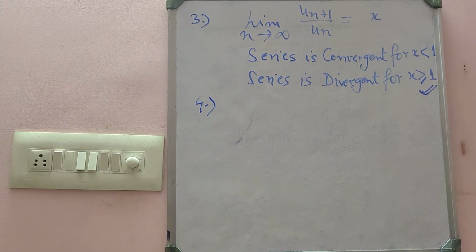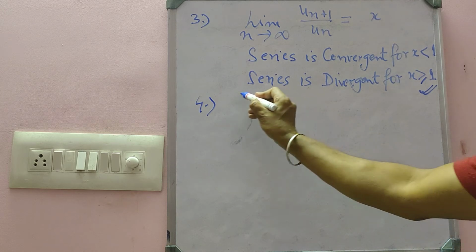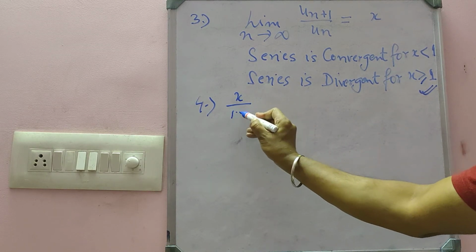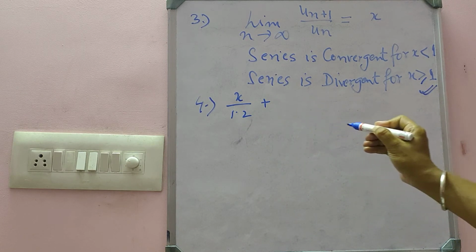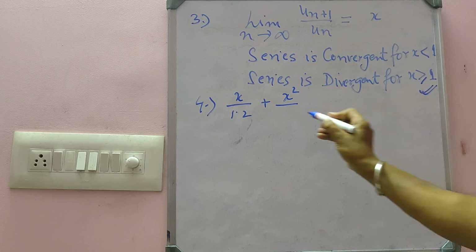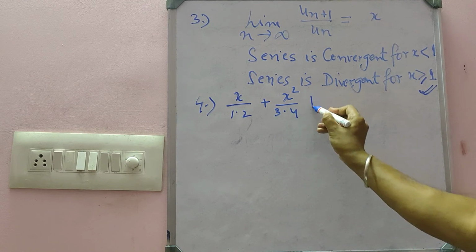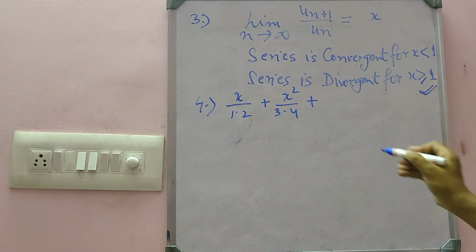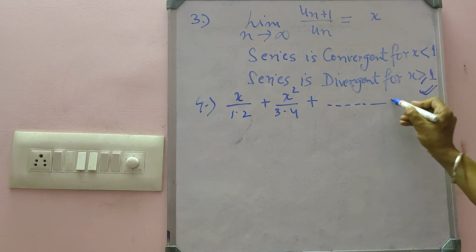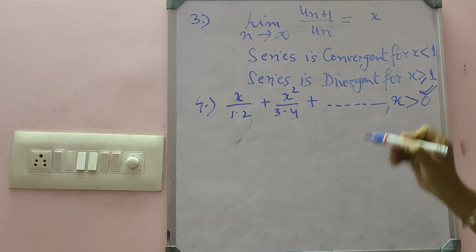Fourth problem: x by 1 into 2 plus x square by 3 into 4 plus so on, x greater than 0.